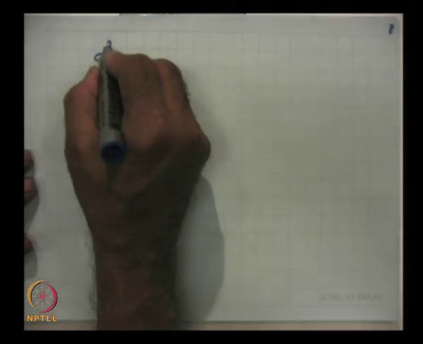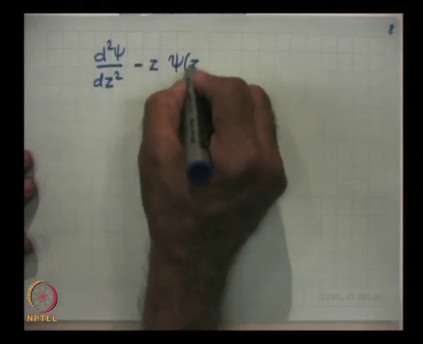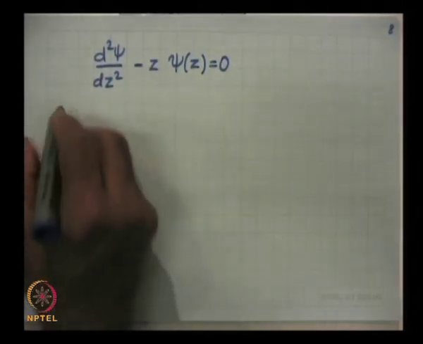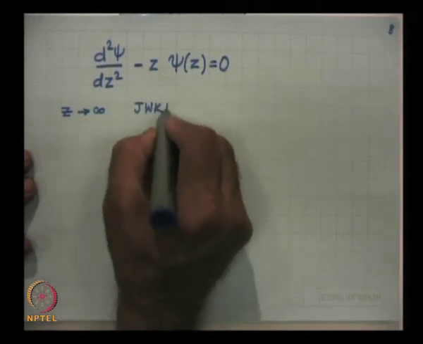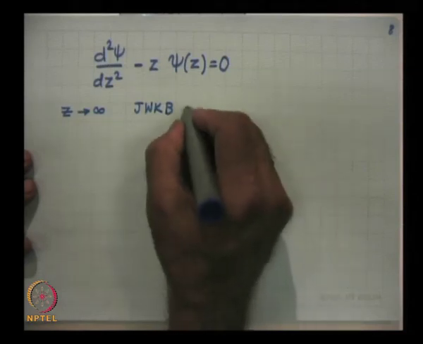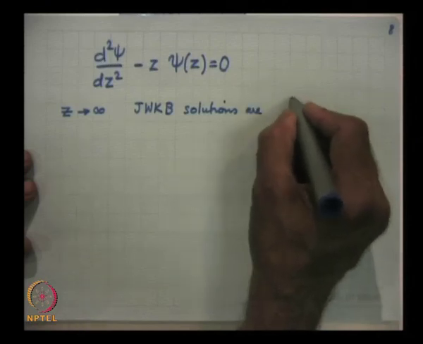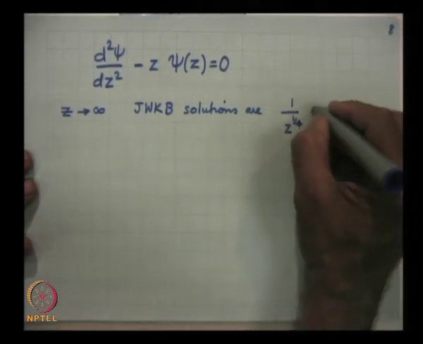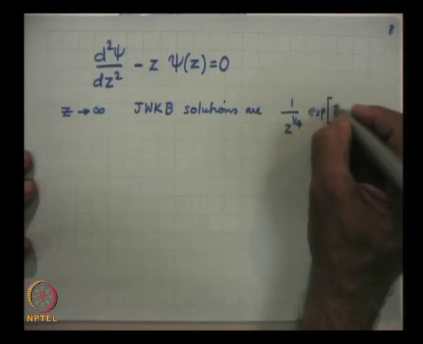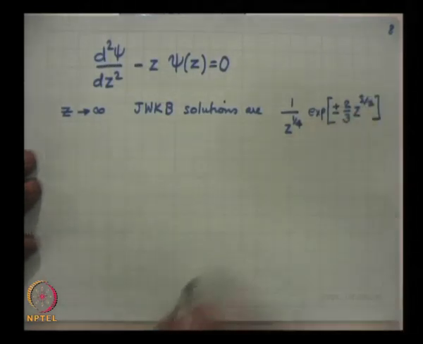Therefore, the solutions of this equation d2 psi by dz square minus z psi of z equal to 0, as z tends to plus infinity, the JWKB solutions are plus minus 1 over z to the power of 1 by 4, exponential plus minus 2/3 z to the power of 3 by 2.